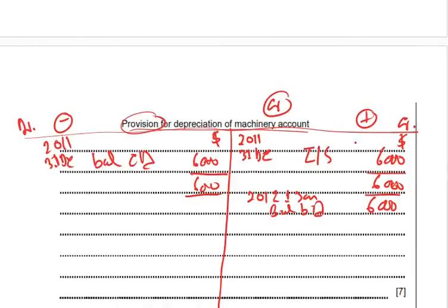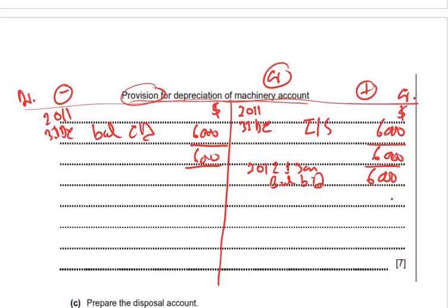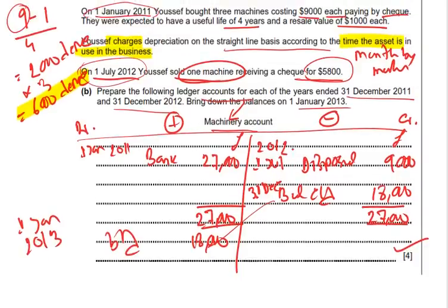That's why the 6,000 depreciation was charged. But the 2012 two assets, let's give them names A plus B, were held in the business for a whole year, and each asset's depreciation is 2,000. Yes, it is 2,000 because 9 minus 1 over 4 is 2,000.